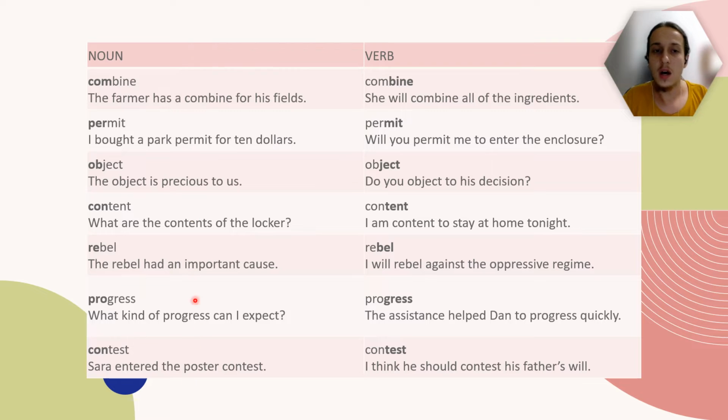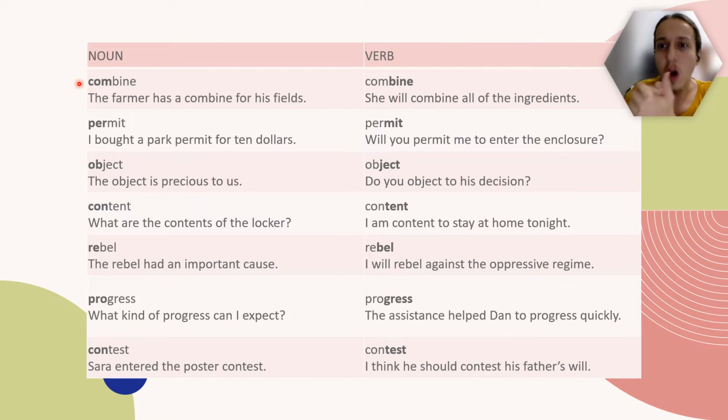We have one column with nouns and one column with verbs. See that in each line we have a word and an example. Here the examples are nouns, and here the examples are verbs. Pay attention to the bold letters.